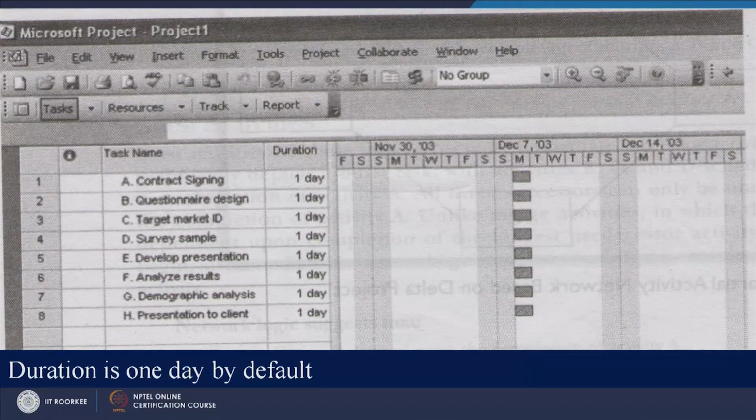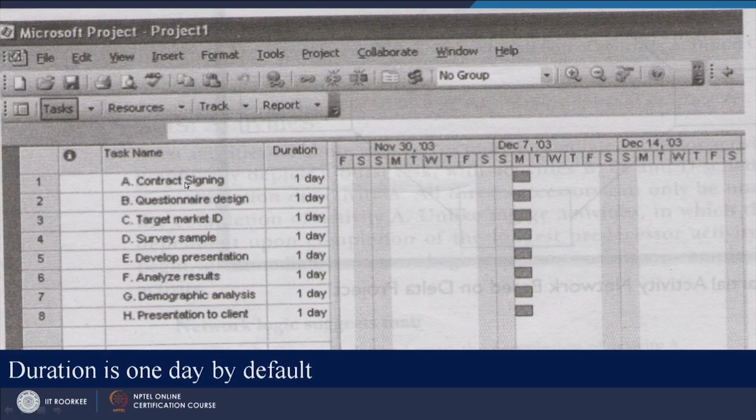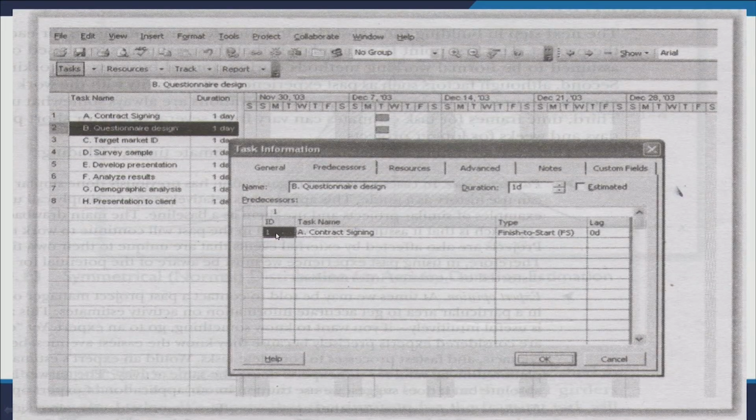As we have seen, the first activity is contract signing, second is questionnaire design. Now, there is a relationship between these; just see this. Activity B is questionnaire design, which is here, right.